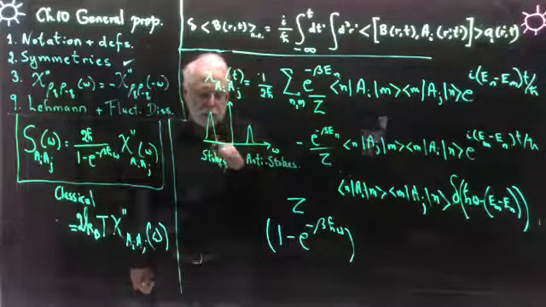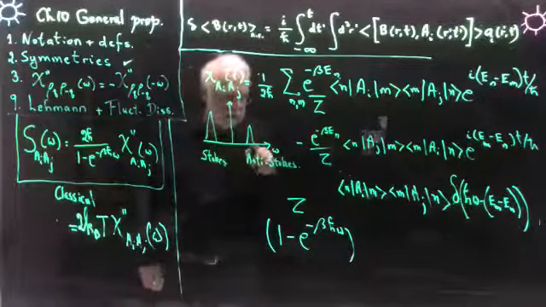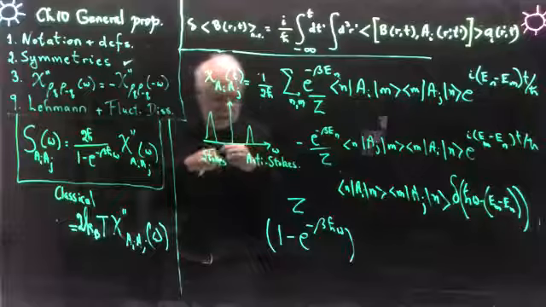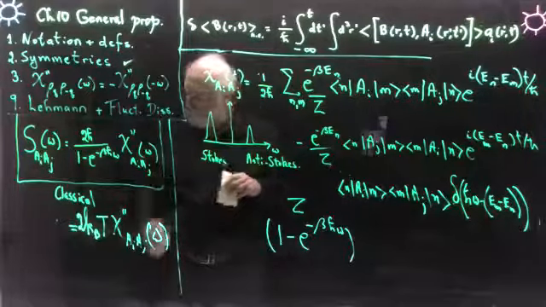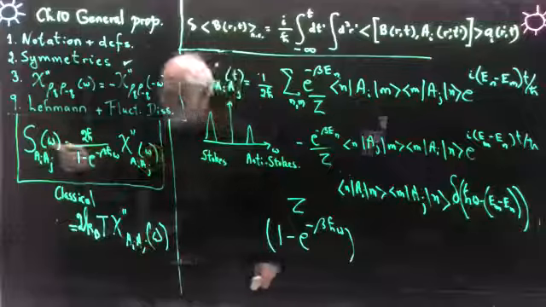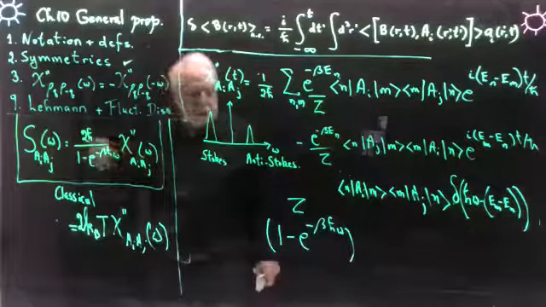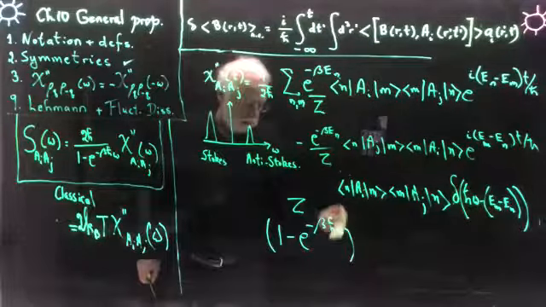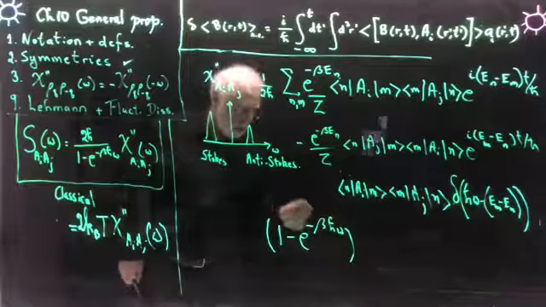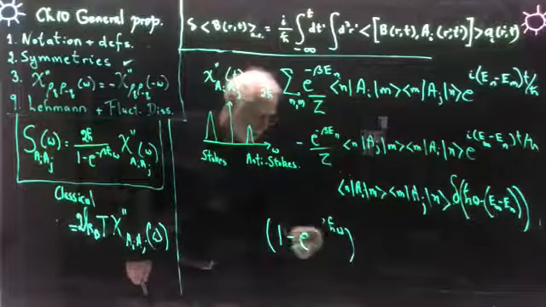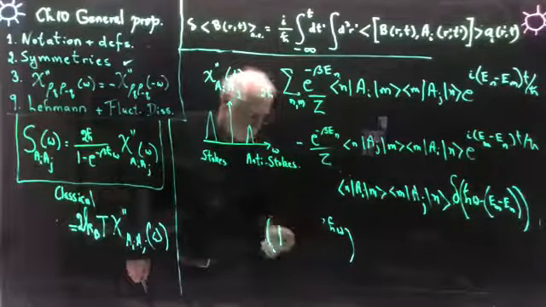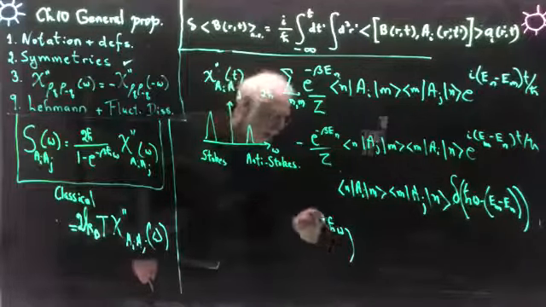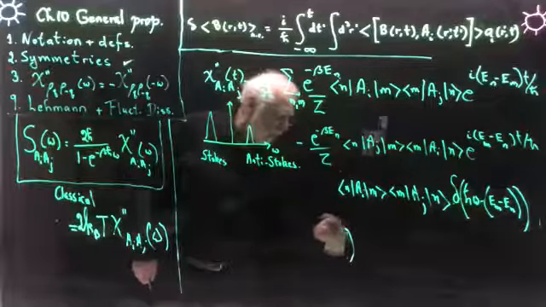Here it has given energy to the system, and here it has absorbed energy from the system, and it's less likely to do that. So if you look at plus omega and minus omega and the ratio of these peaks, it's given by the Boltzmann factor, e to the minus beta h bar omega. So this is another manifestation of detailed balance.